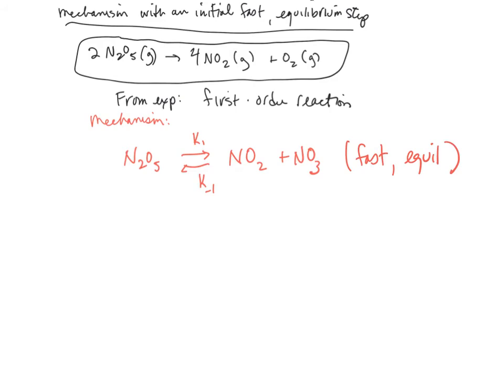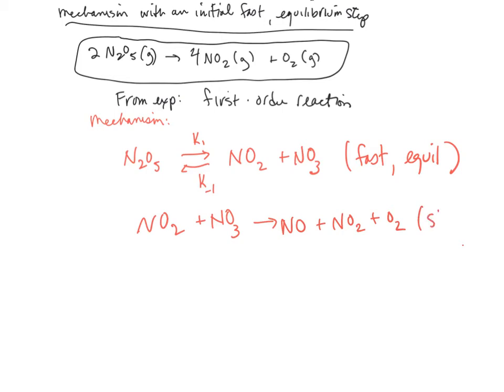Now, once this equilibrium is established, we're going to have both reactant and products present. And the NO2 product in this step will react with the NO3 product. Instead of going backwards to form N2O5, it's going to go forwards to form NO plus NO2 plus O2.